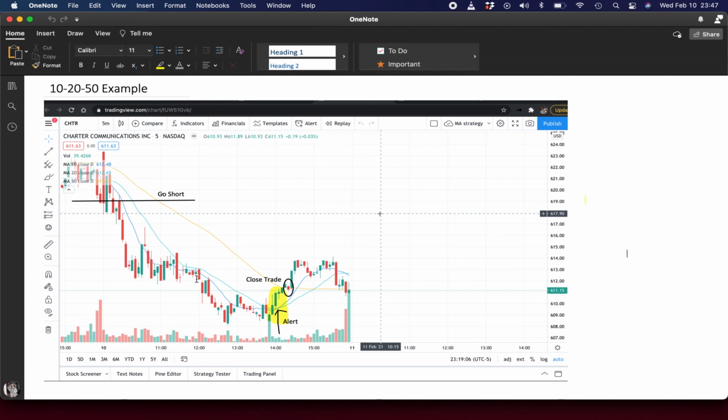It's continuously going down. As long as all the three are going down, you can clearly be on the short side of the trade. What's important here is at which point the 10 period moving average is converging on the 20 period moving average. I can see that here.